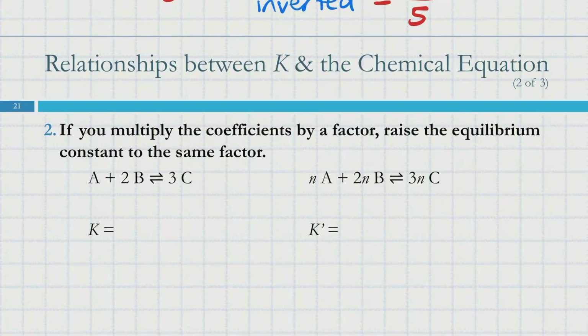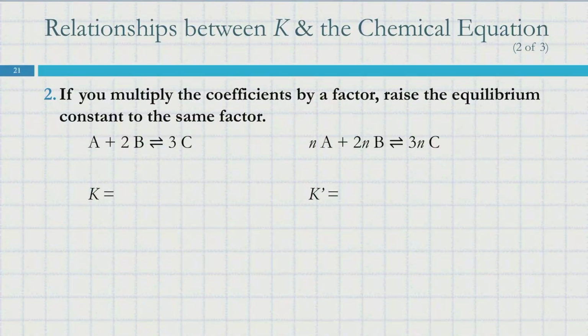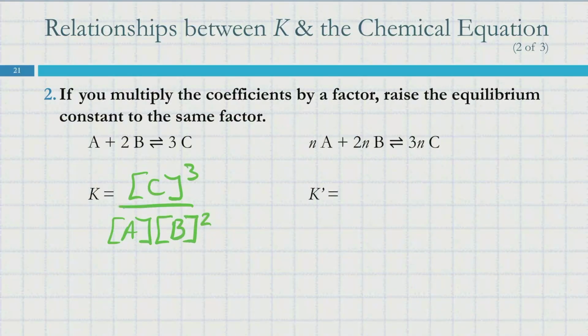If we multiply the coefficients by a factor, that means that we raise the equilibrium constant to the same factor. So again, we've got concentration of C raised to the 3rd power over the concentration of A times the concentration of B squared. And then we've multiplied our coefficients by some factor n, just standing in for any number.